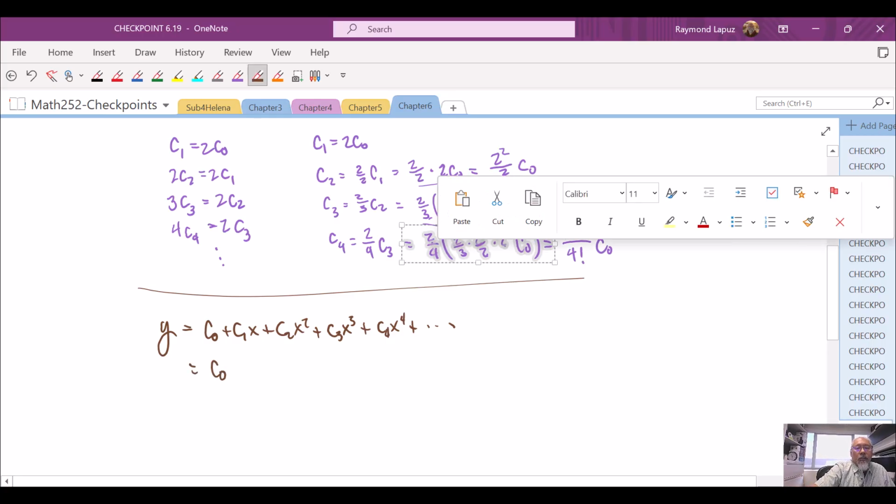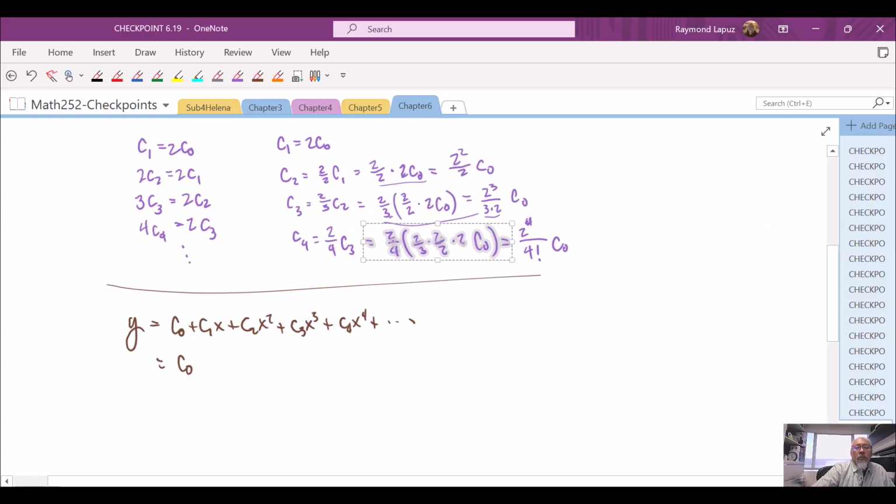C sub 1 is equal to 2C sub 0 x, and then C sub 2 is 2 squared over 2 factorial C sub 0 times x squared.